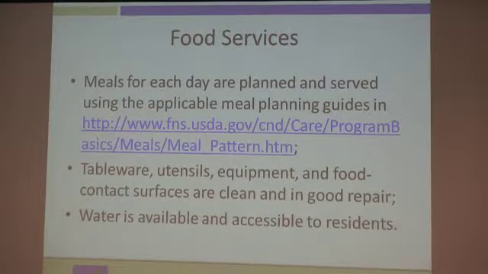It doesn't require protein at breakfast, and it only requires 4 ounces of protein for the whole day. And it requires non-fat milk or 1% milk to be served with that.